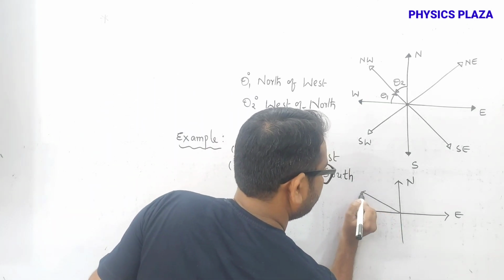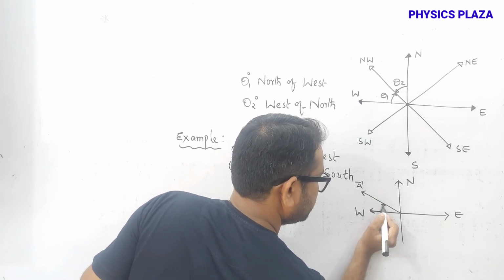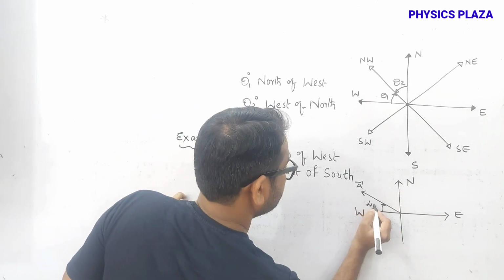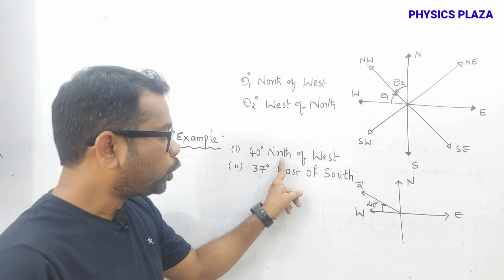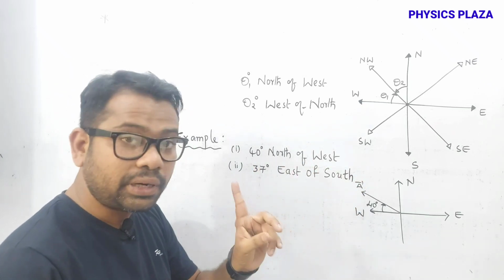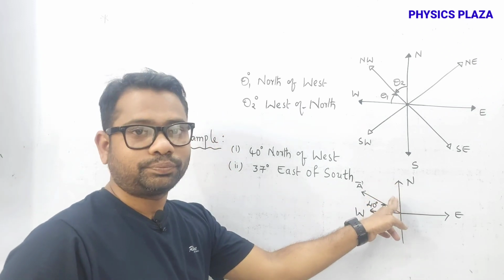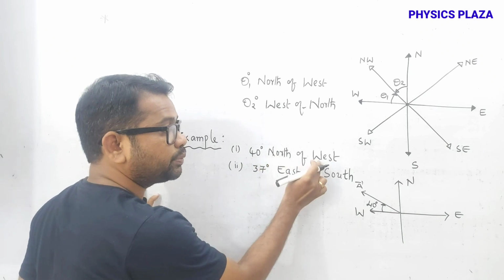So it is some vector, let us say vector A. It is rotated towards north from west by 40 degrees. So this is actually called 40 degrees north of west. Again I am telling you, it is rotated from west to north, 40 degrees angle towards north from the west.